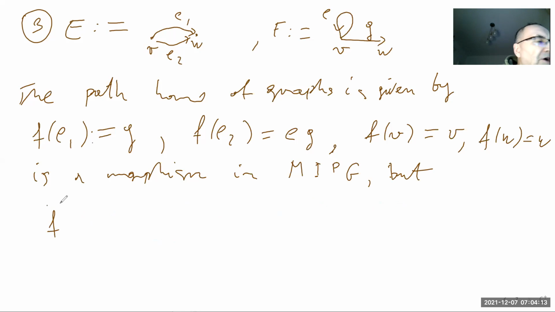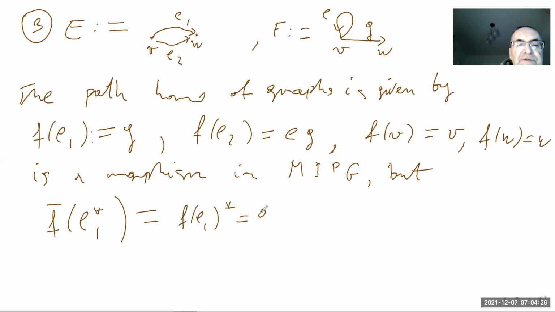So if I take f bar of E1 star, then of course this is equal to f of E1 star. This is equal to G star. And now I can extend G star by E star. So G star is less than or equal to G star E star. You see, it makes sense because by G star I go from W to V, and by E star I go from V to V. So they concatenate.